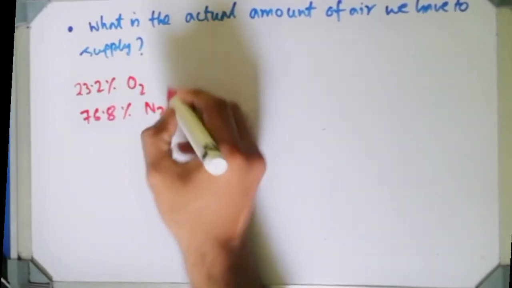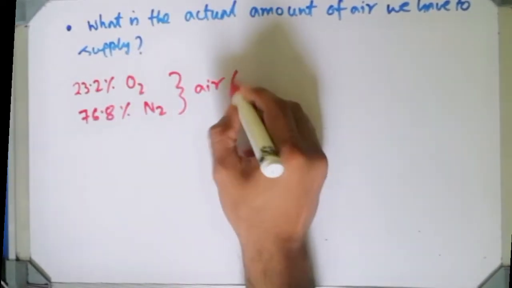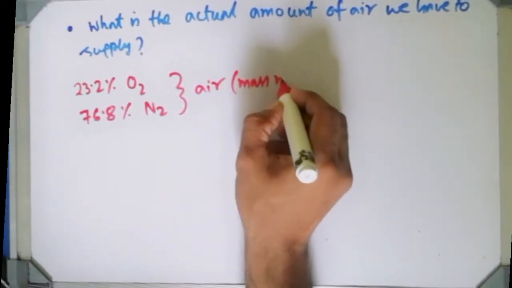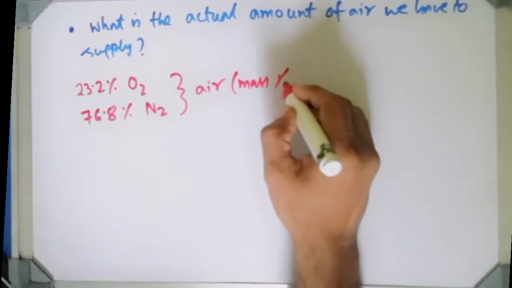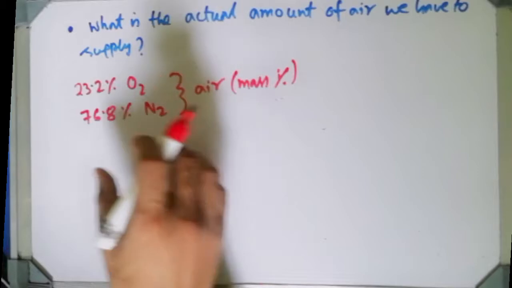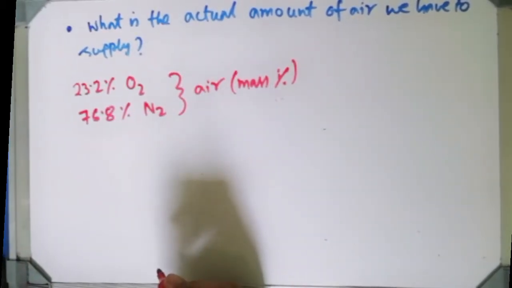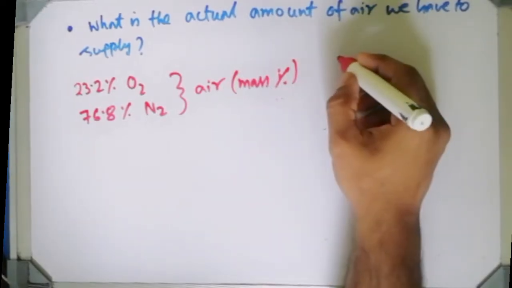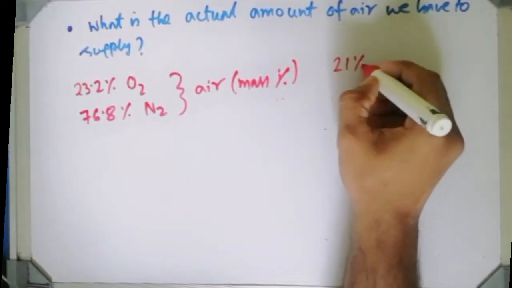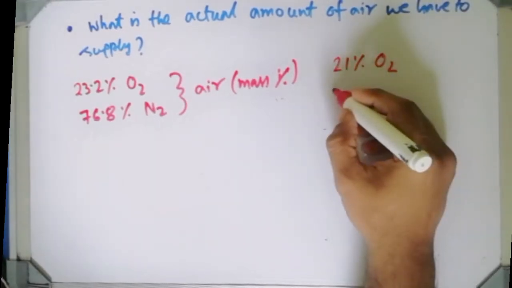So we should take that nitrogen into account now. If it is mass percentage, we can say that in volume percentage 21% of oxygen is there, and along with it we consider 79% of nitrogen. That is volume percentage, and it also deals with air.